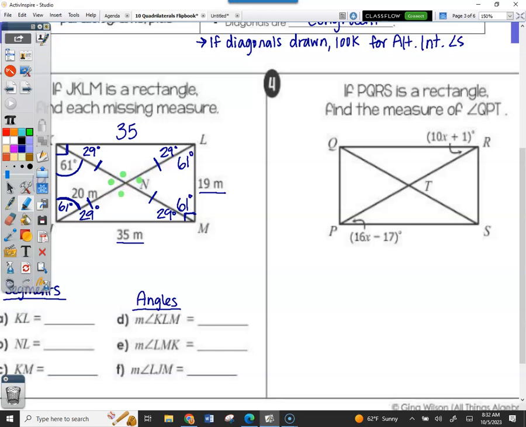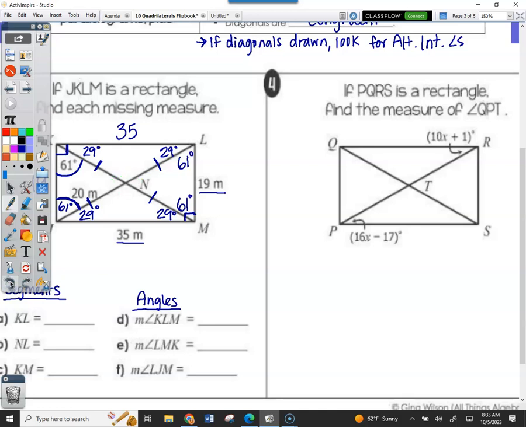Well, what is the total number of degrees of the angles of a triangle every time? Okay, so if this is 61, 61, and I'm only missing this angle, I just do what? So 180 minus 61 minus 61. Tell me what you get. 58.